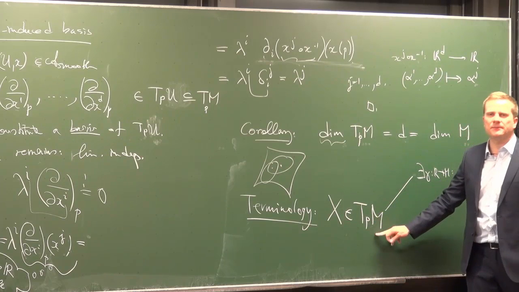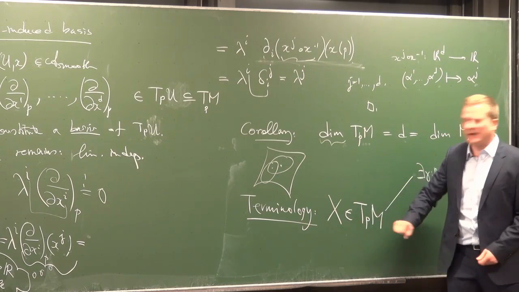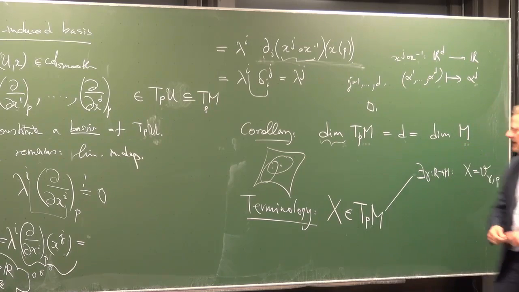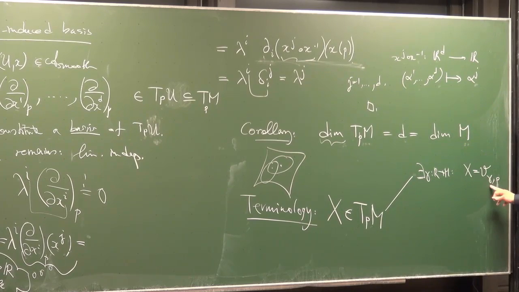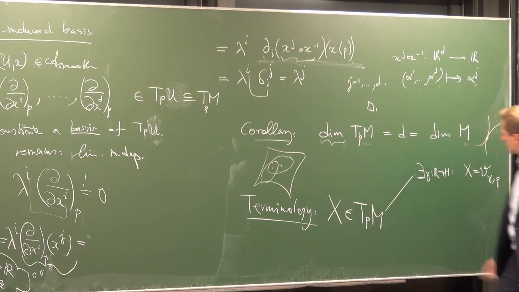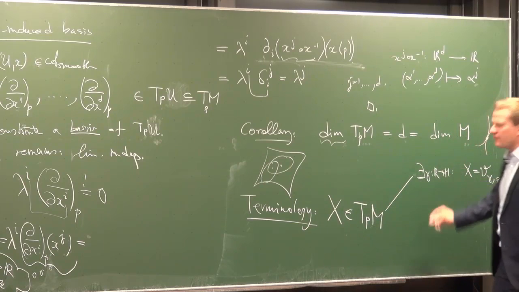So I pick an arbitrary element X from T_pM, and I will in the future not always make explicit the curve it comes from. In fact, it doesn't come from the curve because two curves can give the same vector, right? So therefore we'll talk about this abstractly, and that's the first thing.